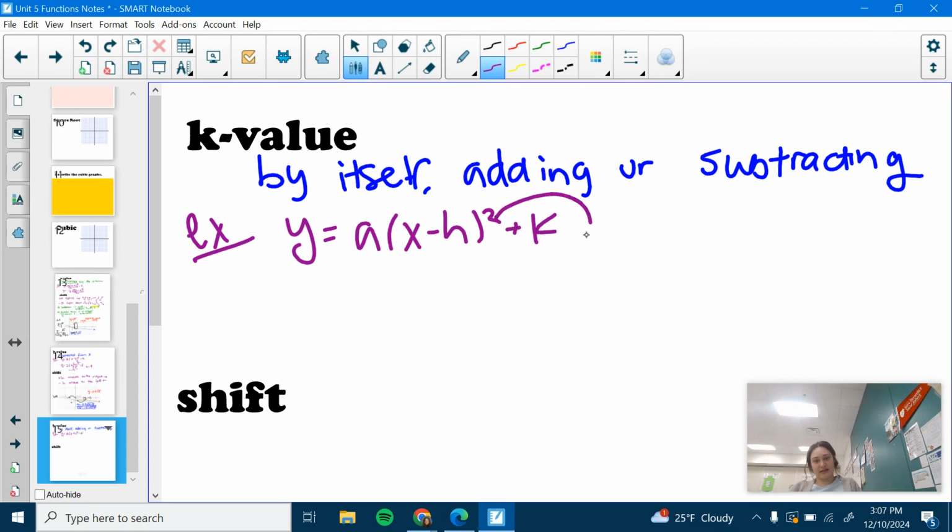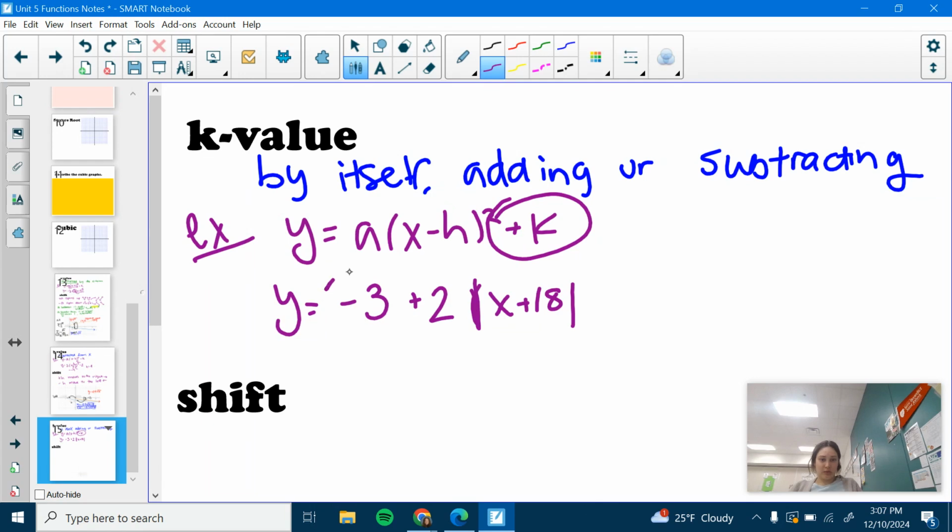See how my k is all by itself and it's being added. If I were to use actual numbers, well, let's do an absolute value. Here it would be our minus 3 because that's what's by itself. This 2 is being multiplied by our x term. The 18 is inside of our grouping or our absolute value. So our k is equal to negative 3.